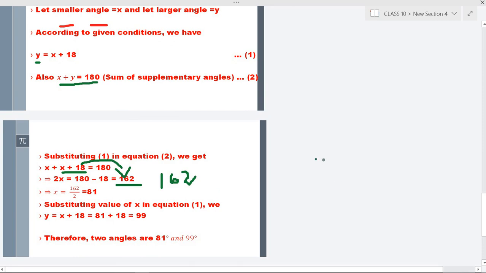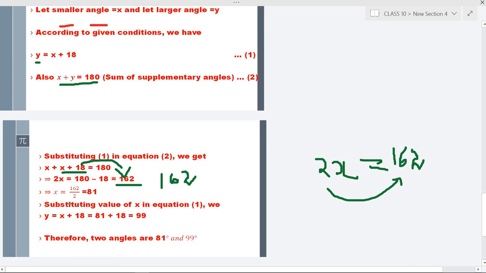Now 2x is equal to 162. Therefore, you transpose this 2 to the denominator. You will get 162 upon 2 is equal to 81.